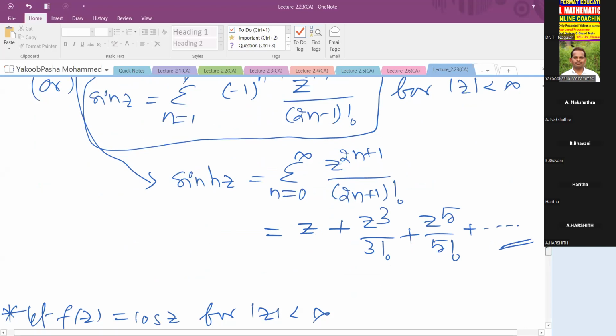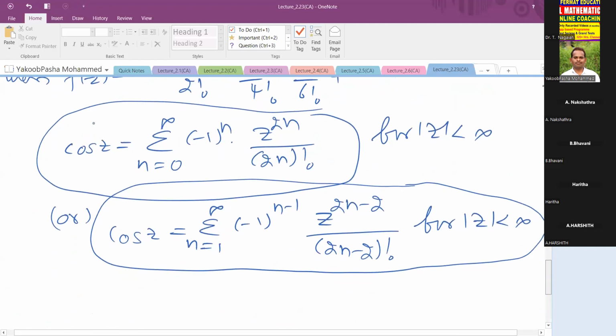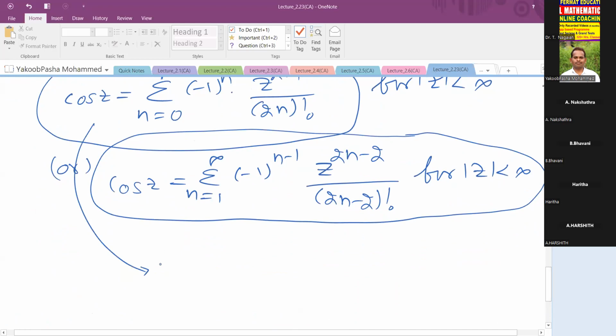Similarly, for cos hz, just remove the alternating plus and minus.